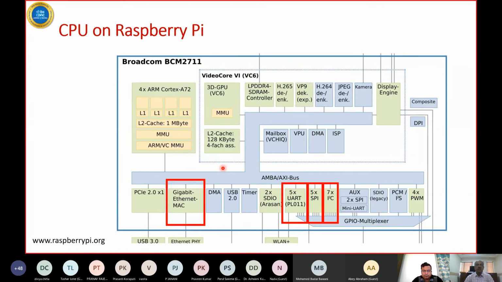BCM2711 is a SoC which has the main CPU here, you see. It has a video engine and two HDMI ports, all that. But on the other side, it has all the I/O interfaces, the important ones which we are going to describe. I have highlighted them in this slide. This is the position at which you will find these interfaces.